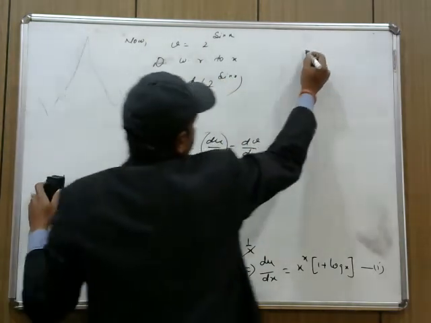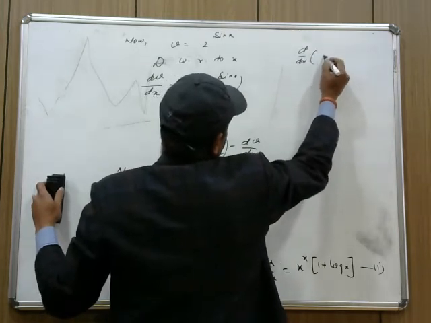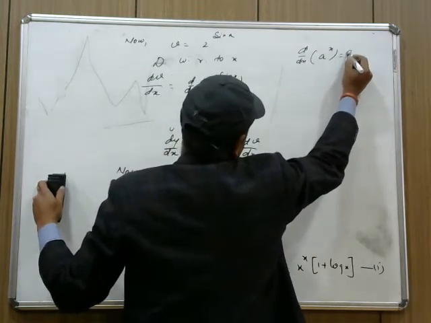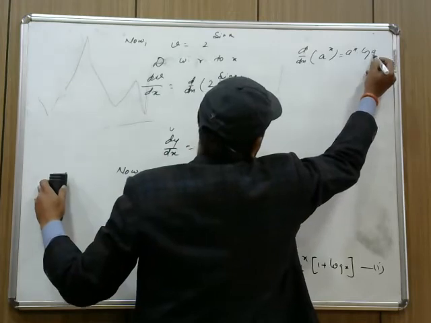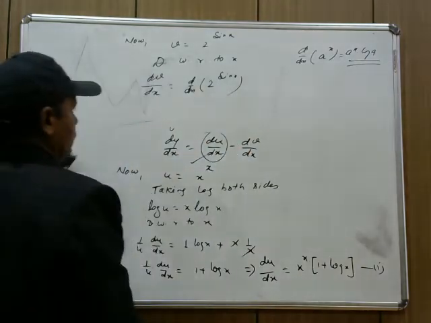I am applying the formula d by dx of a to the power x is equal to a to the power x into log a. Now tell me what will happen.